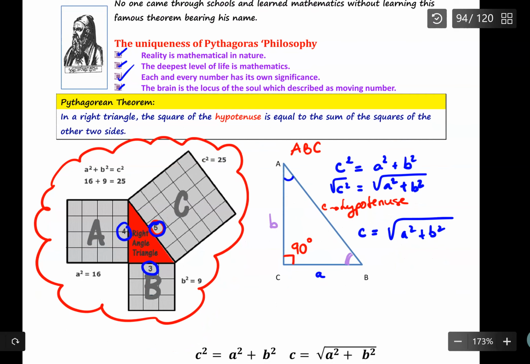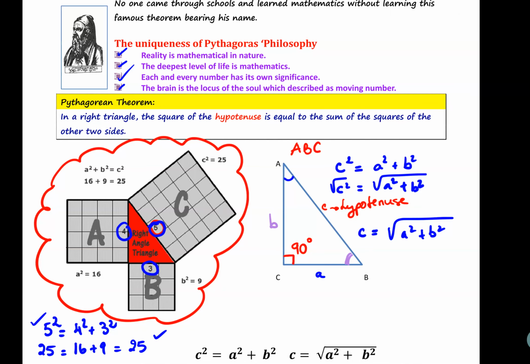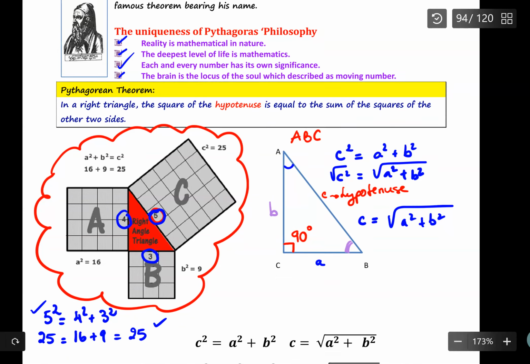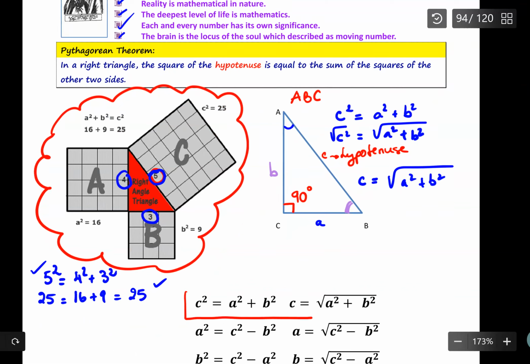If I take 5 and square it, I should get 4 squared plus 3 squared. Let's check that. 25 is equal to 16 plus 9, which is equal to 25. So we are going to make sure that we remember this theorem.